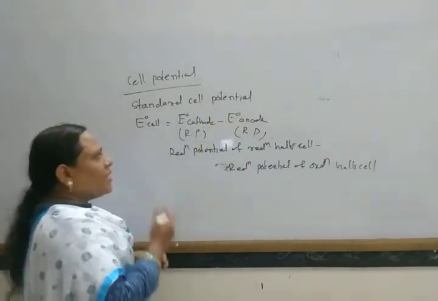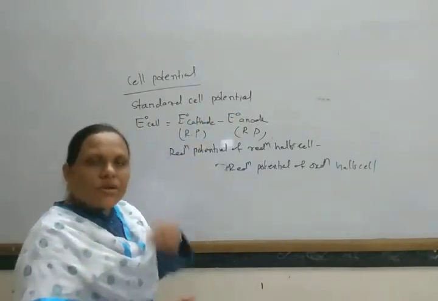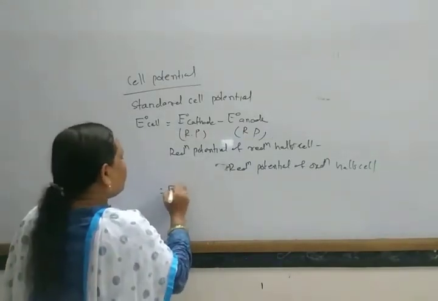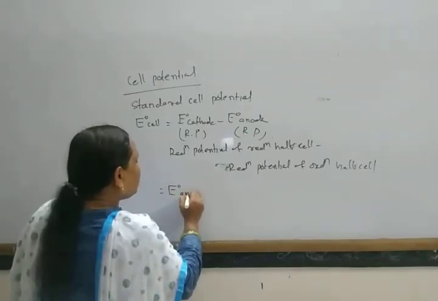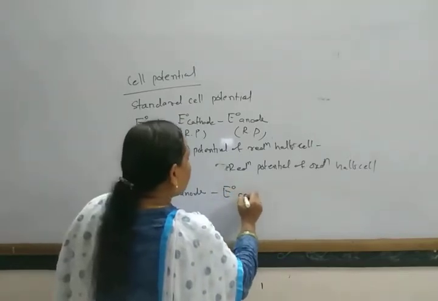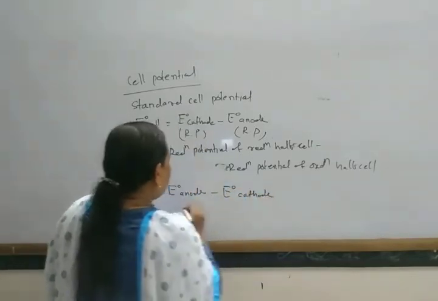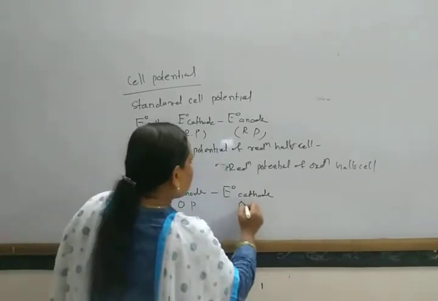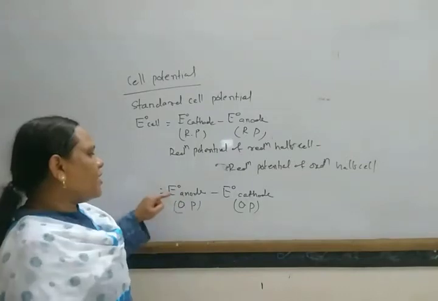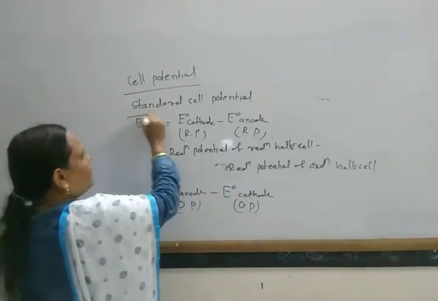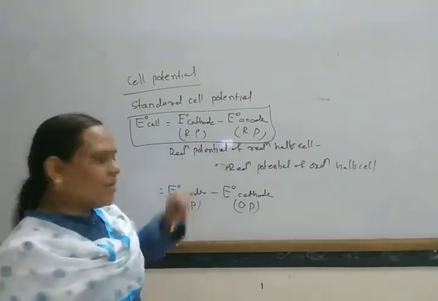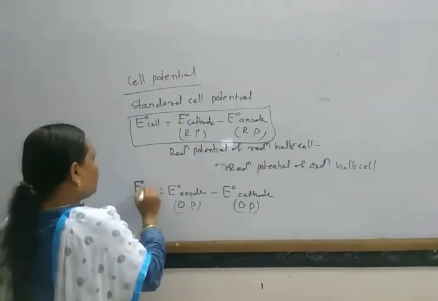Suppose we want to determine it in terms of oxidation potential. Then it is E naught anode minus E naught cathode. If you consider the oxidation potential of both, then anode minus cathode. If you consider the reduction potential of both, then cathode minus anode, that is E naught cell.